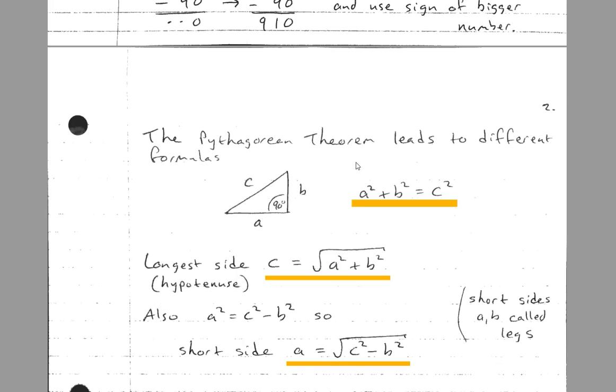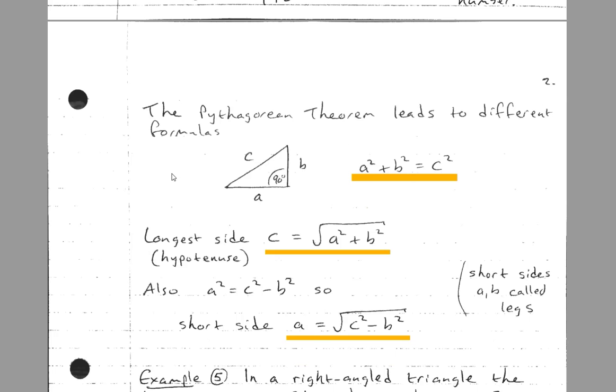The Pythagorean theorem also leads to different formulas. So this is the basic formula. If you have a right-angled triangle, a triangle with a 90-degree angle, the short sides on each side of that 90-degree angle are called a and b. c is the long side, the hypotenuse.